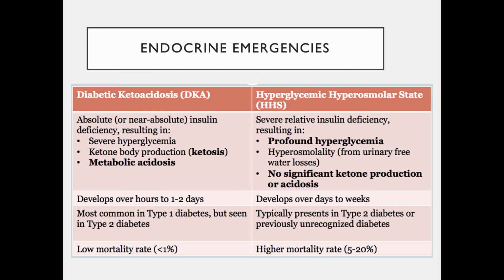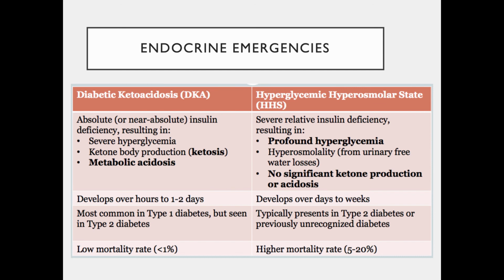Let me just tell you quick about these two endocrine emergencies that everybody has heard of already. So DKA is diabetic ketoacidosis. We tend to see this in people who have type 1 diabetes. And in fact, it is often the presenting condition when they first declare their diabetes.